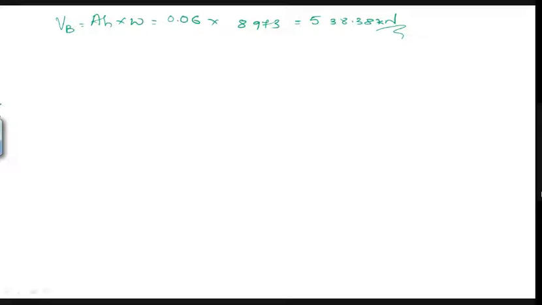Now, if he says to determine the design lateral forces, okay, design lateral force. So how will we do it? It is also available in the code book.